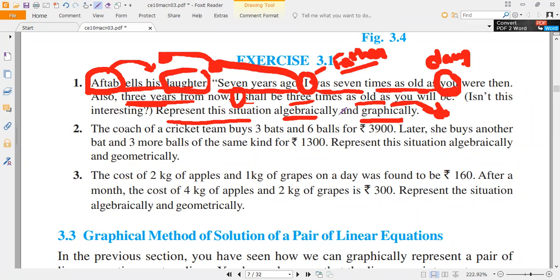And the second statement is that from now, if you go 3 years after, your father's age will be 3 times as old as you will be by that time. Do you understand?